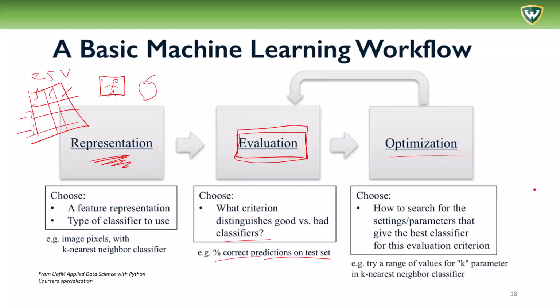Maybe we said k equals 3, but that wasn't good, so let's try k equals 5. So that's about how to search for the settings or parameters that give the best classifier, choosing the best classifier parameters that increase the evaluation metrics. So there's a little bit of back and forth here in this optimization and reevaluation process.